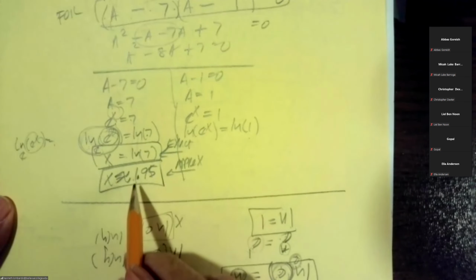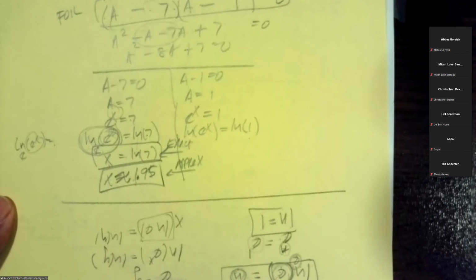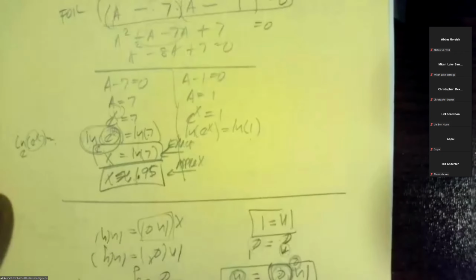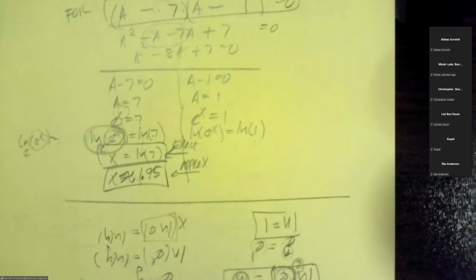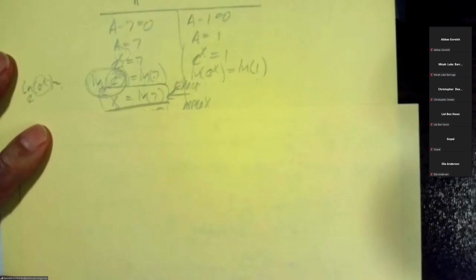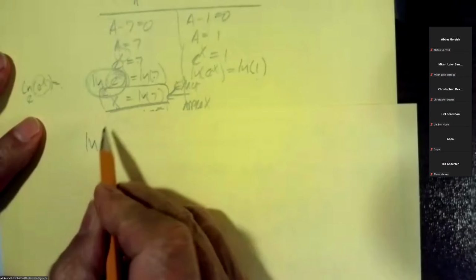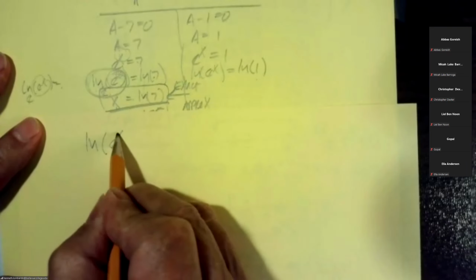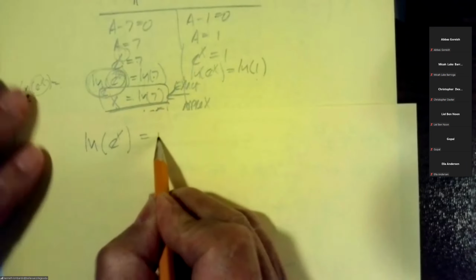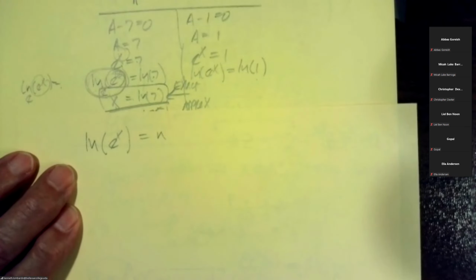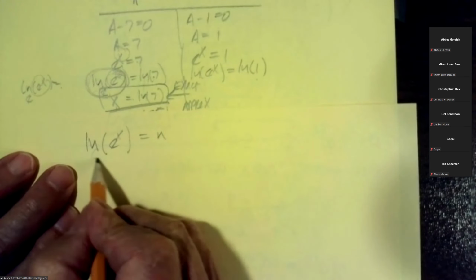Wait, so how'd you change the natural log of e to x again? Could you explain that? Yeah, let me get out another piece of paper here. So if I have ln of e to the x equals some value, we don't know what it is. Well, our base here is e, isn't it?